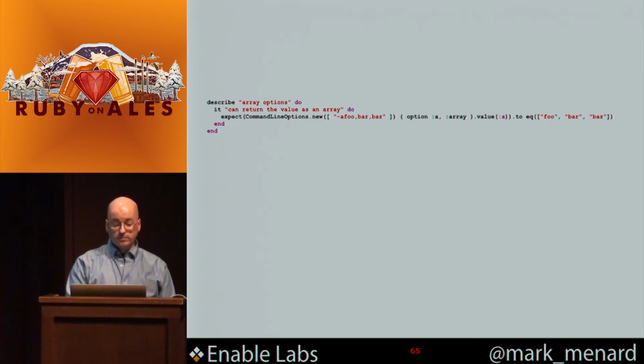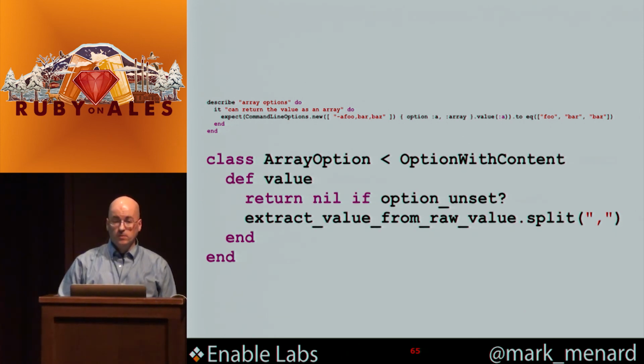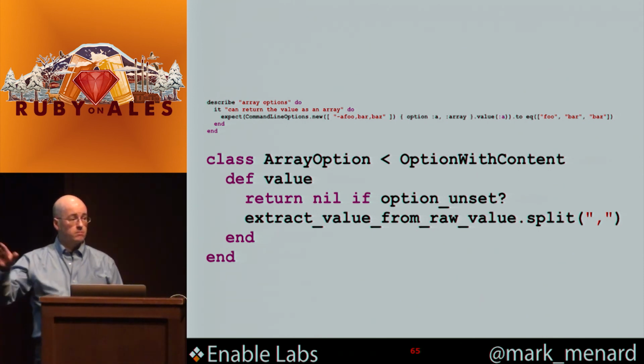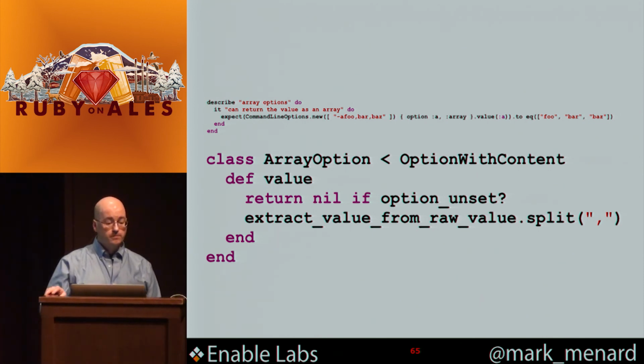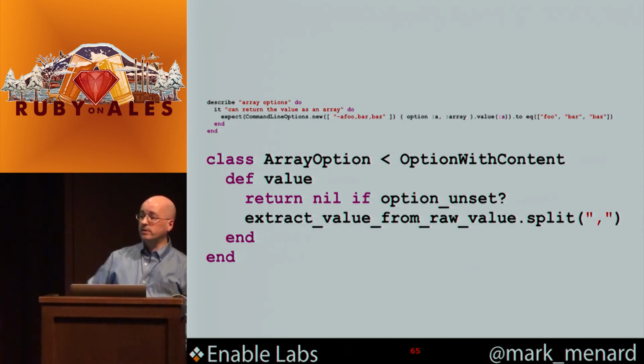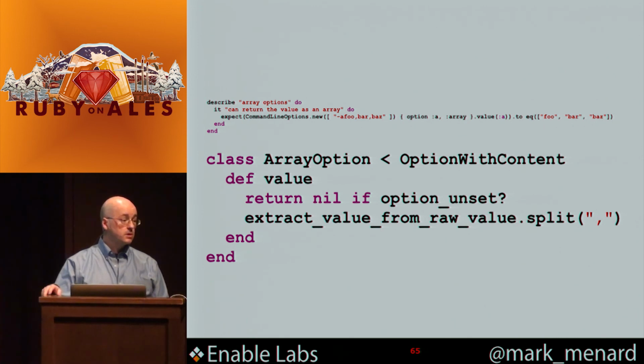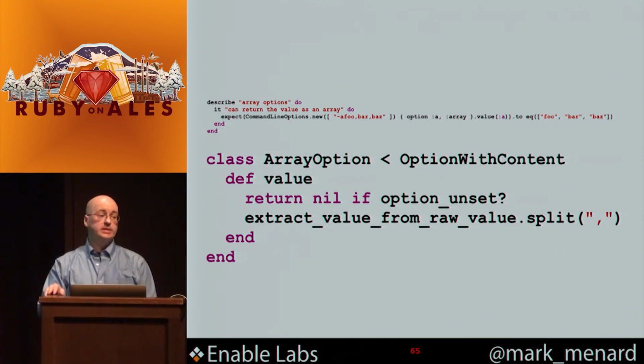So I write a spec, make it fail, then create the class. In this one, I do have that superclass of the option with content. This was a little further down the road. And all I had to do is implement the value method, and now my command options is supported with arrays. That's it.